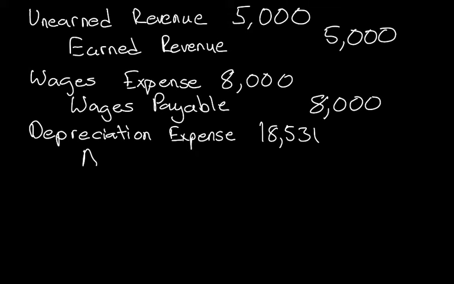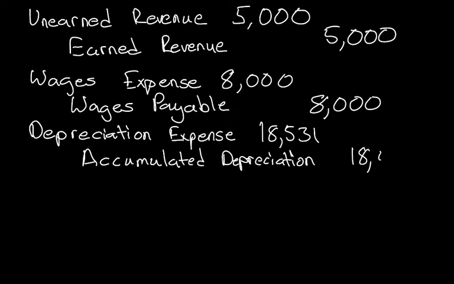And we're going to credit an account called accumulated depreciation by the amount of $18,531. Now this account here is a contra asset account.